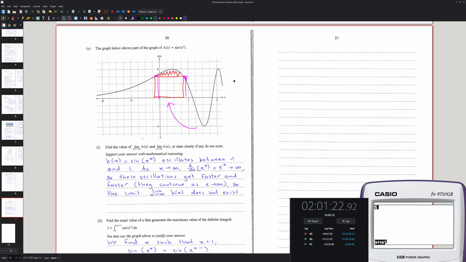Sine of e to the power of x. Yeah, any human can see the oscillations get more as x goes to infinity, right?